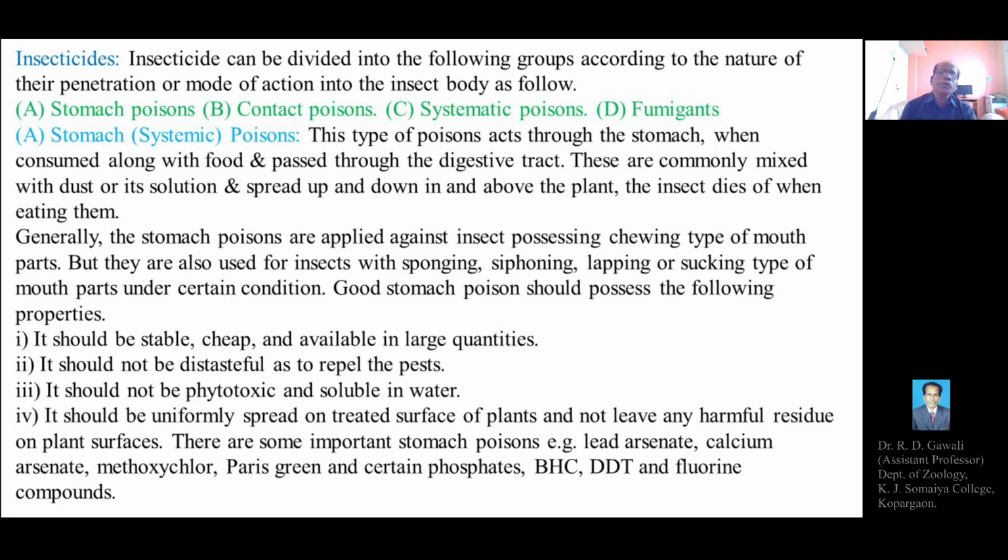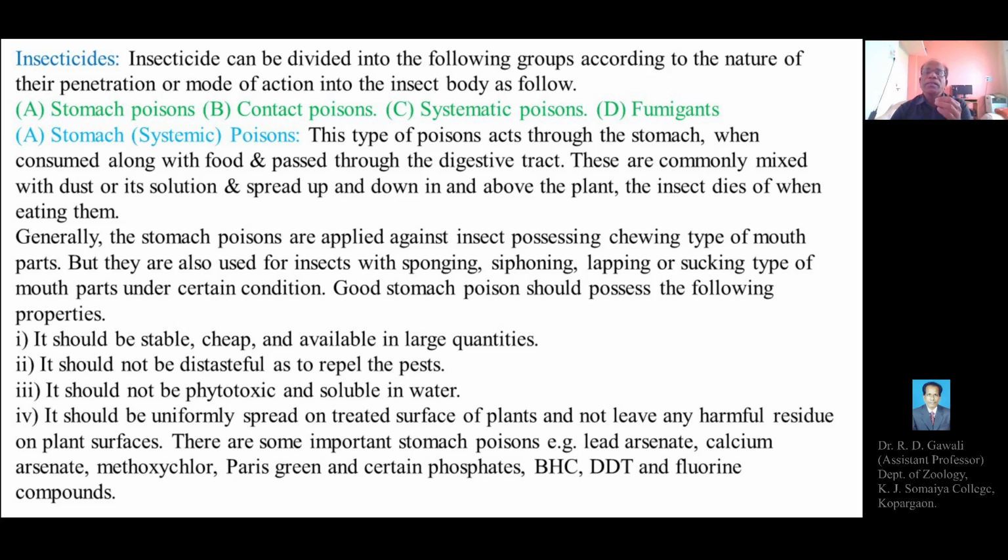But under certain conditions they are also used for insect pests having sponging, siphoning, lapping or sucking type of mouth parts. Different insect pests attacking a variety of crops have different modes of feeding.